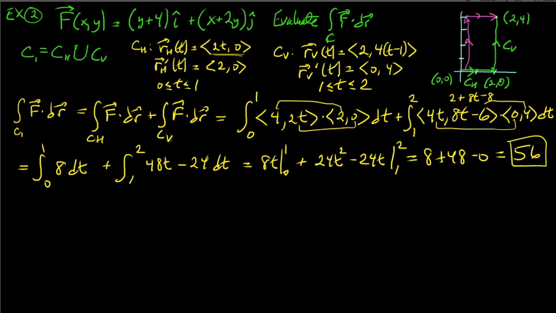And I just realized I made a mistake. All right, so I think it's an easy fix here. It's just arithmetic. So when I did this here, I think this was right? 2 plus 8t minus 8, so 8t minus 6. But that was times 4. And 4 times 8 is not 48, it's 32.